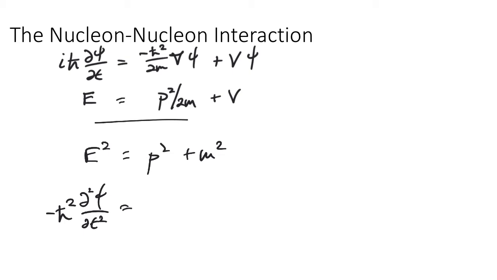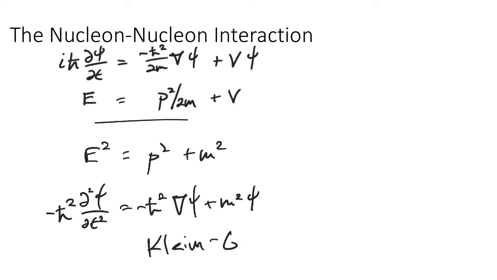The momentum, I'm going to drop the p part of it, is minus h bar squared Laplacian, which is the spatial derivative squared, psi, plus m squared psi. And this is called the Klein-Gordon equation, and it is a quantum mechanical equation like the Schrodinger equation, but one that takes special relativity into account. So it's a relativistic quantum mechanical equation.